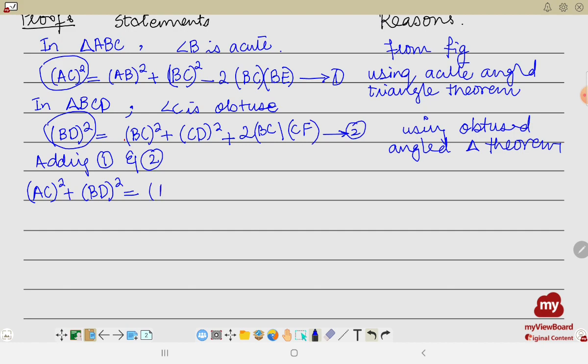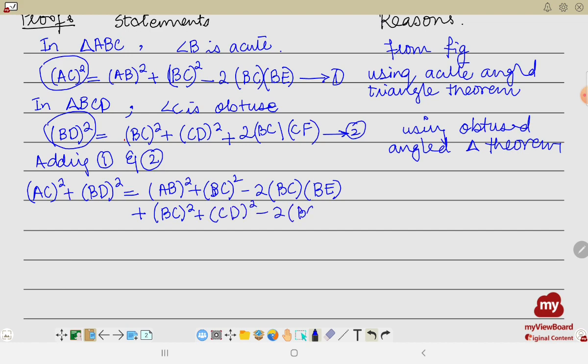It will be AB square plus BC square minus 2BC and BE plus BC square plus CD square minus 2BC and CF. Now, the reason will be from 1 and 2 we have added up, right?